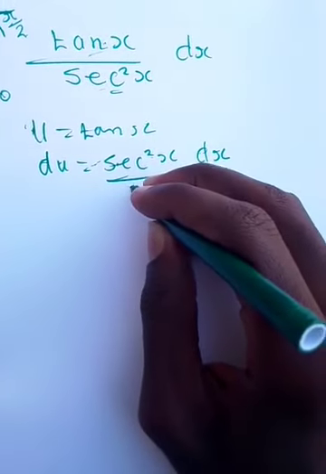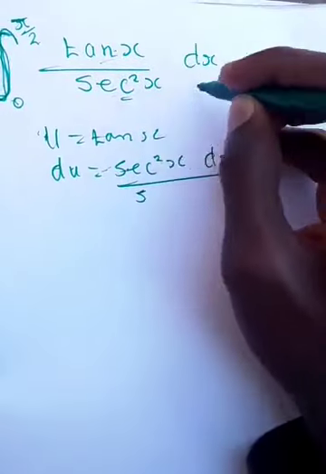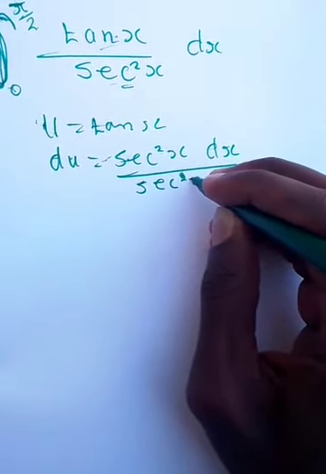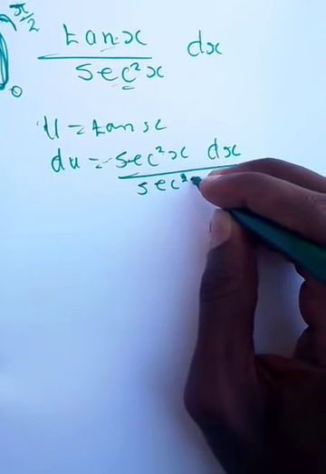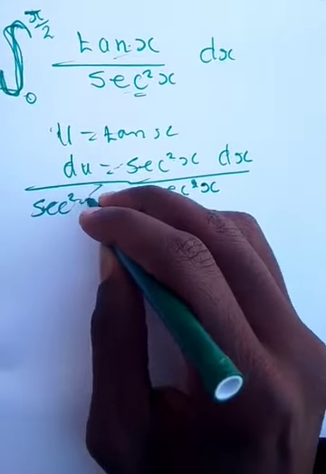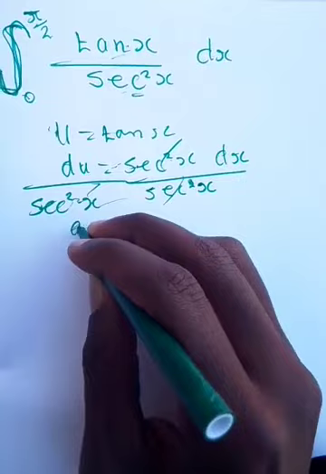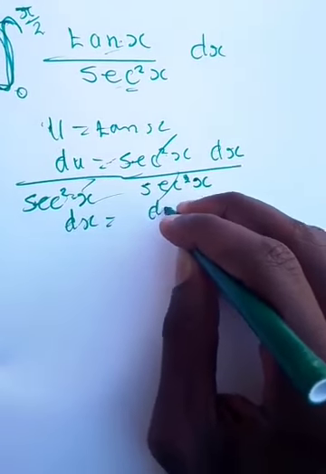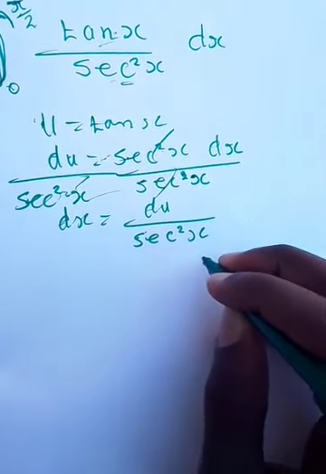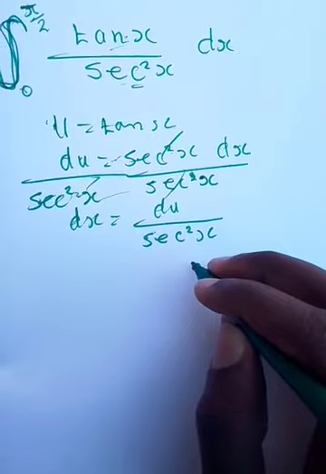We make dx the subject. So we say sec squared x over sec squared x, it cancels, right? So my dx now is going to be du over sec squared x. What did we used to do?